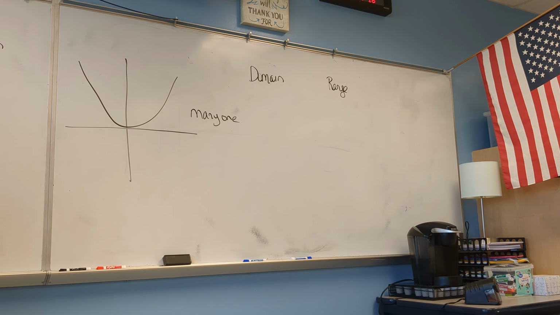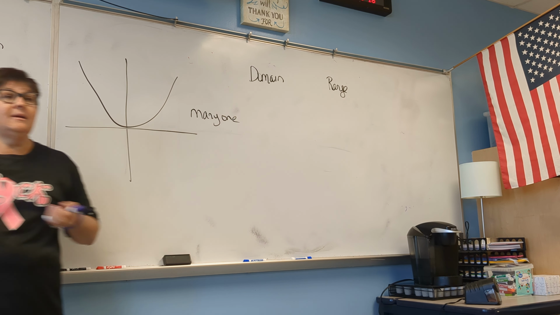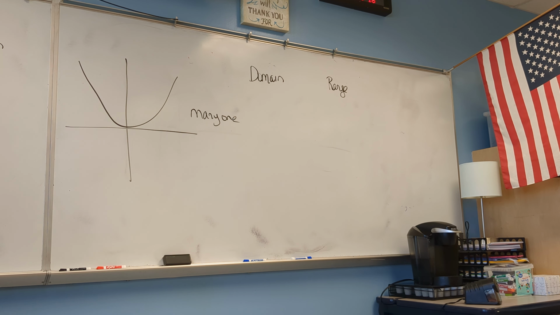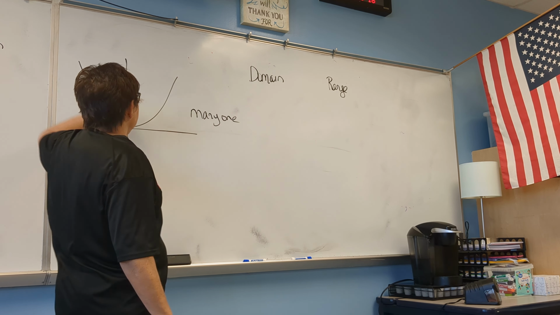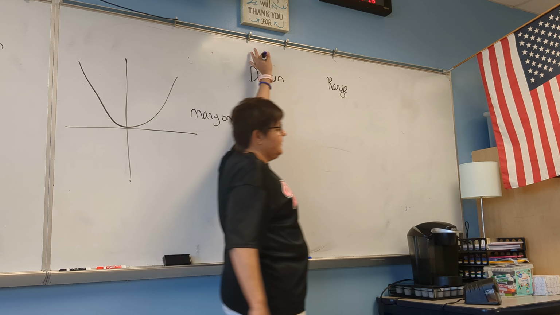So if I'm reading this, when I'm talking about domain, what variable am I referring to? My x values. So literally I'm saying, if I start reading this graph from the left in the x values, and I read it to the right, what's happening visually to my x values? My x values are going to start way over here, and even though it kind of slumps down in the y range, it continues to go over here forever and a day.